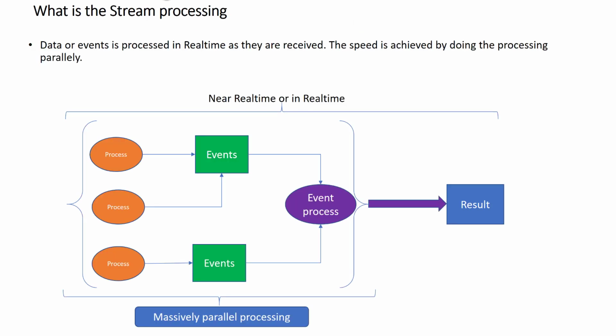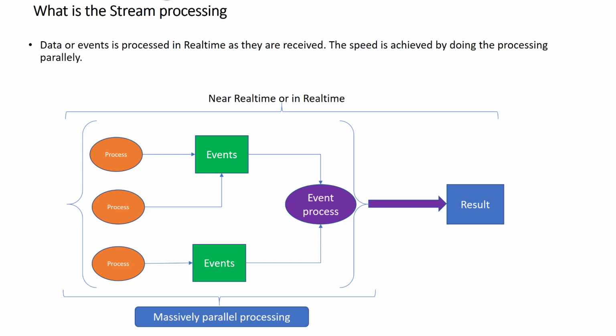So what is stream processing? Data is processed in real time as it is received. The speed is achieved by processing in parallel. For example, in this scenario, instead of jobs, we call them processes, and these processes generate events, and the events are processed using an event processor. In this scenario, we are processing the entire thing in parallel without any latency.